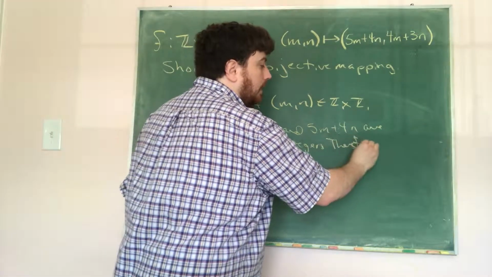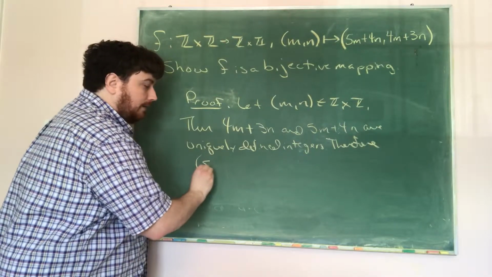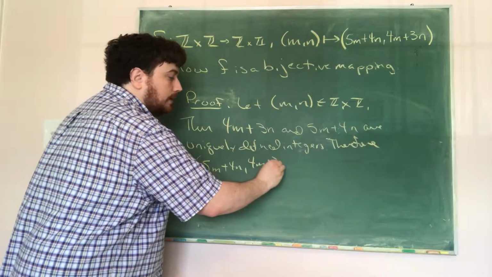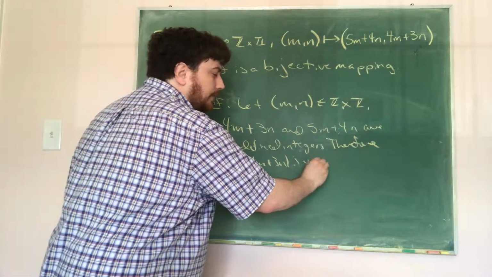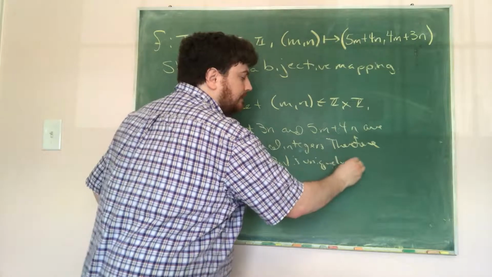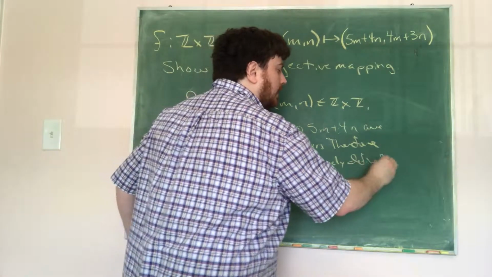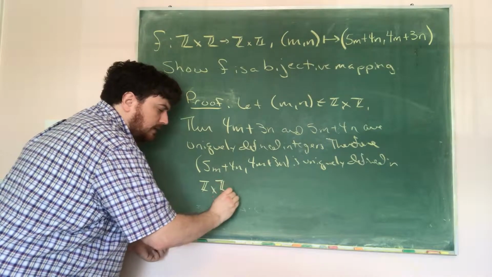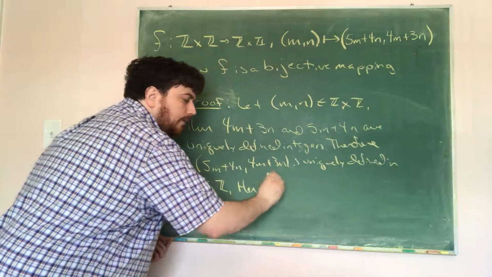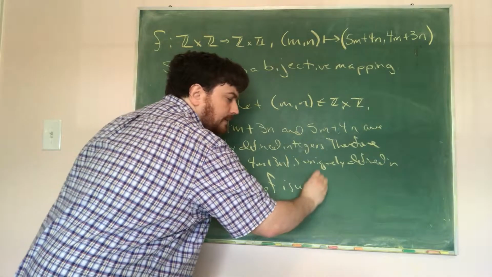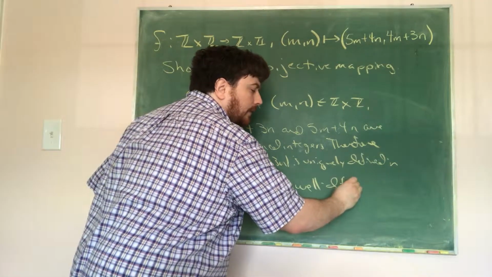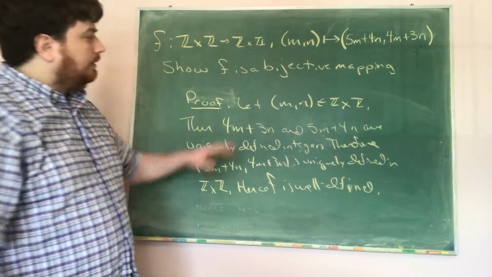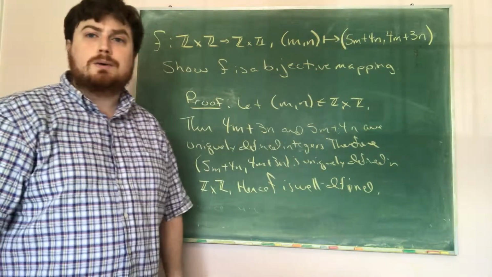Therefore, the ordered pair (5m + 4n, 4m + 3n) is uniquely defined in Z cross Z. Hence, we have that our function f is well defined. That is, for everything in the domain, I have exactly one thing in the codomain, where the thing in the domain gets mapped to the thing in the codomain.